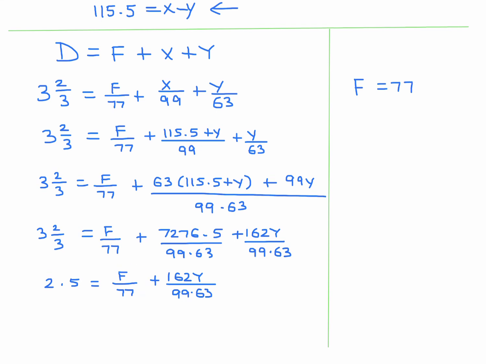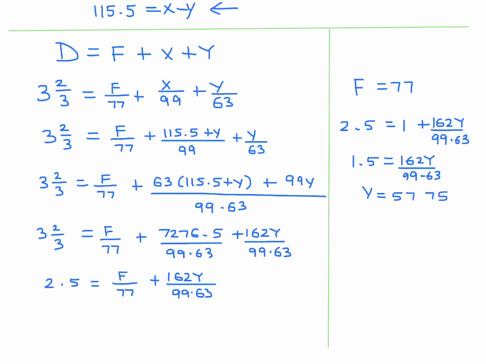So 2.5 is equal to 1 plus 162y over 99 times 63. Bring the 1 over and I get 1.5 is equal to 162y over 99 times 63. And if I solve for y in this, I will get y is equal to 57.75.